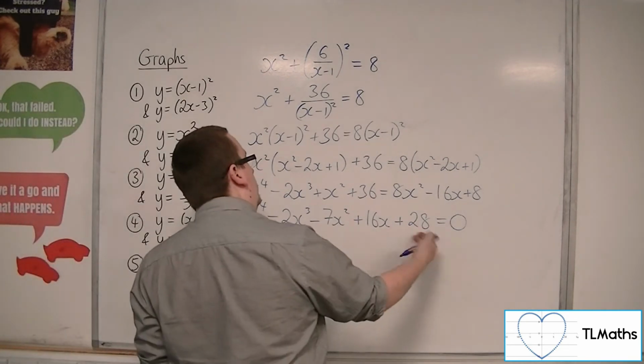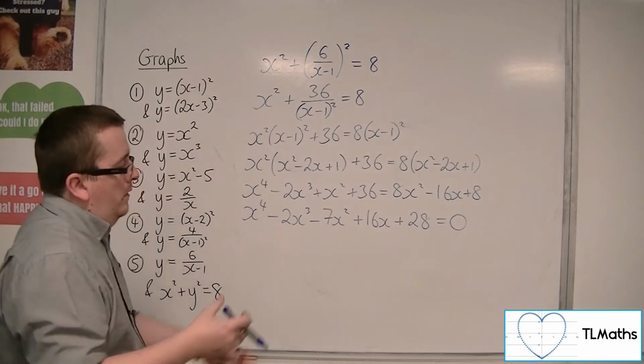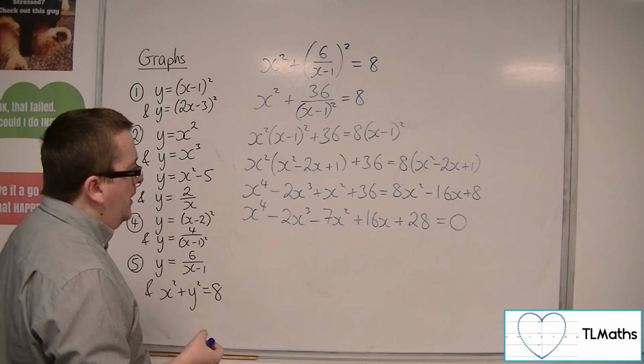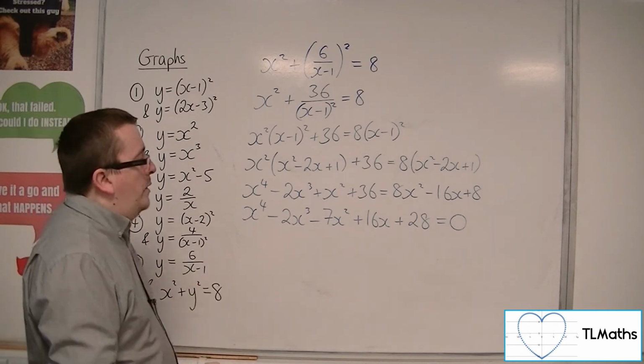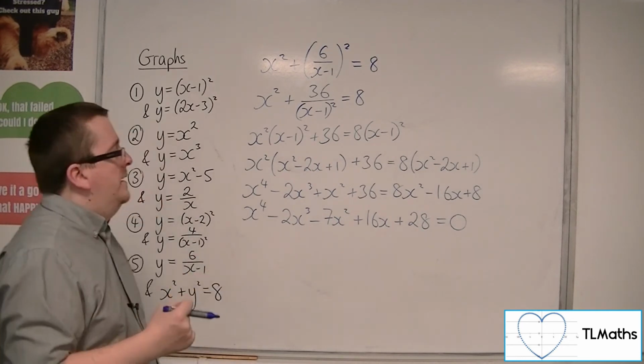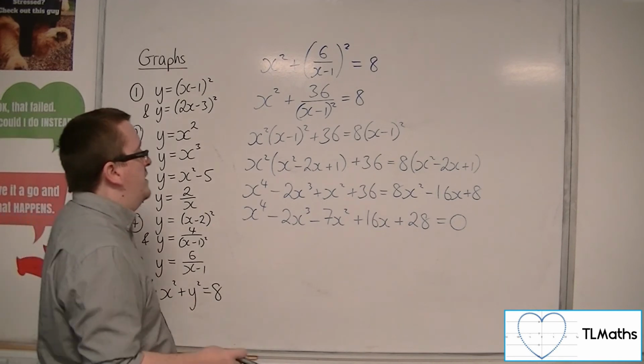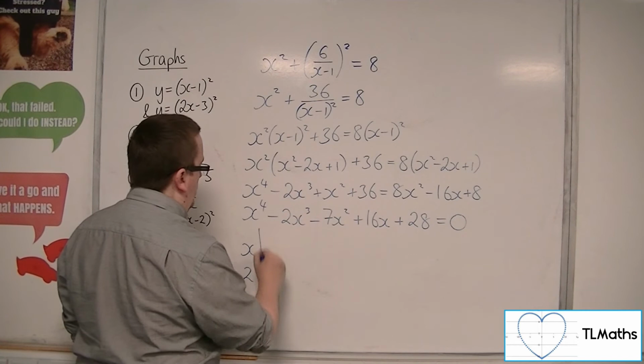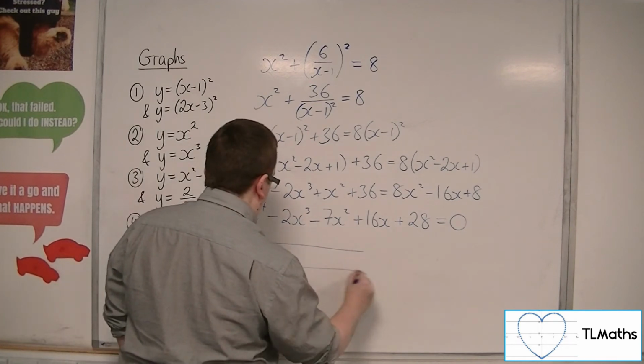So I try factors of positive 28. Now I know from setting this question up, like before, that minus 2 is a root of this quartic. So that means that x plus 2 should be a factor.